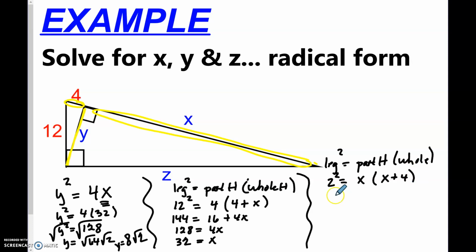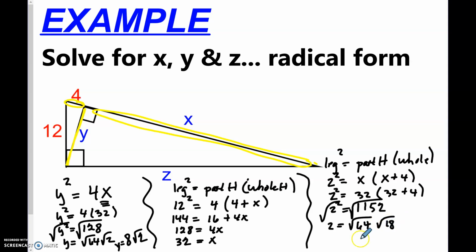Well, we found out that x is 32, so I have z squared equals 32 times, and 32 plus 4 is 36. So I'm going to take 36 times 32, so I get z squared equals 1,152. Now I have to take the square root of both sides. So z is going to equal, and let's see, I think 64 goes in here, and it goes in there 18 times.